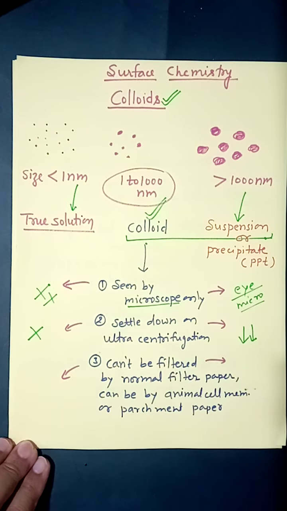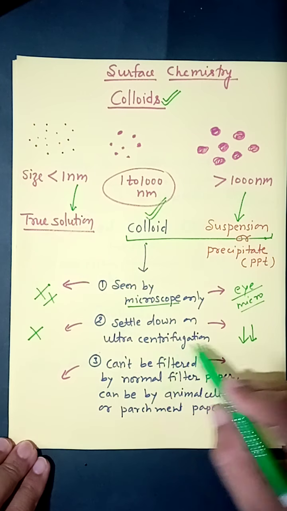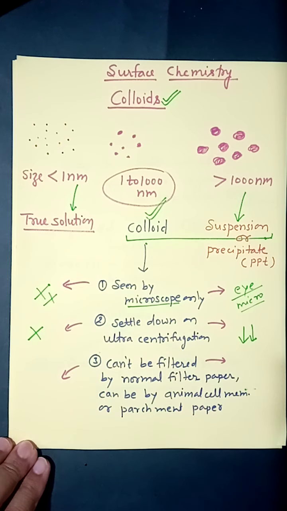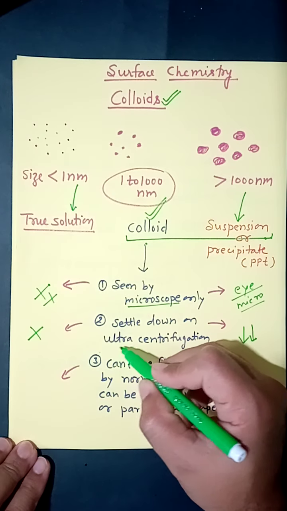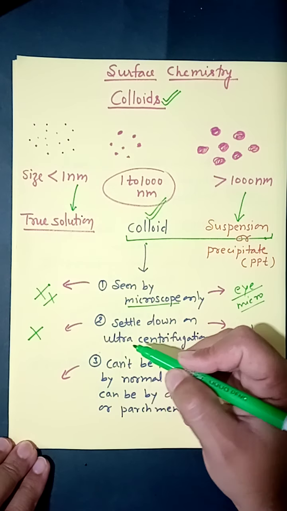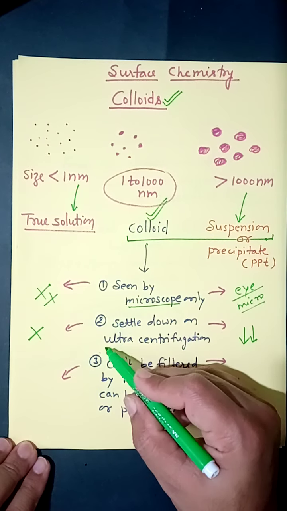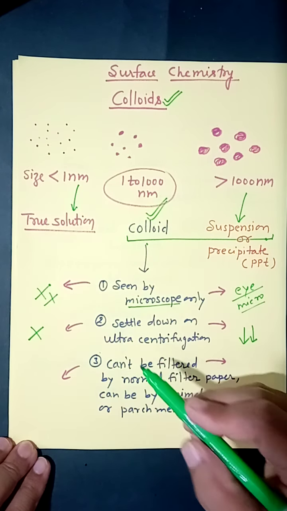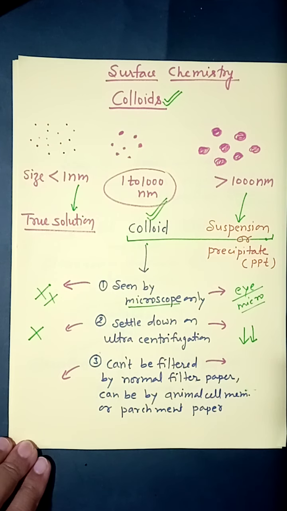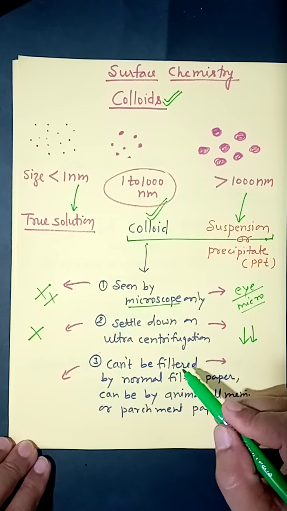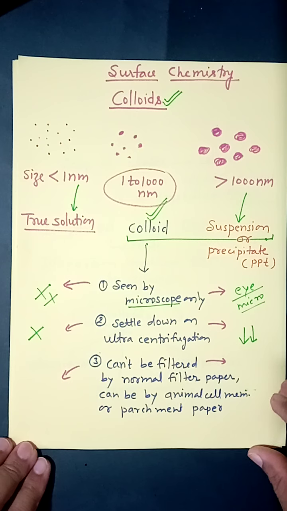What is the meaning of ultracentrifugation here? Centrifugation is rotation of particles at high speed, and ultra means high efficiency. Whenever you use a highly efficient process, we can use the term ultra. So if you rotate at very high speed, the centrifugation is known as ultracentrifugation.